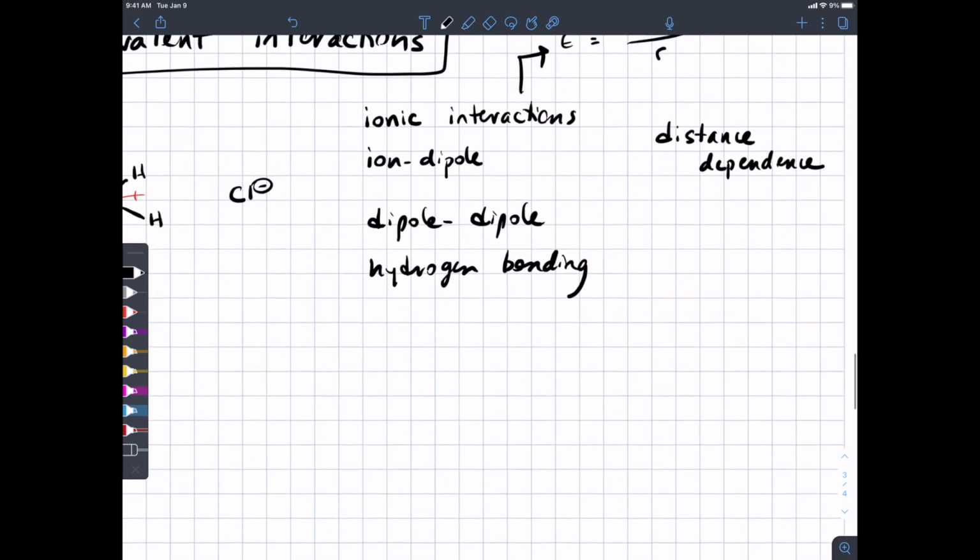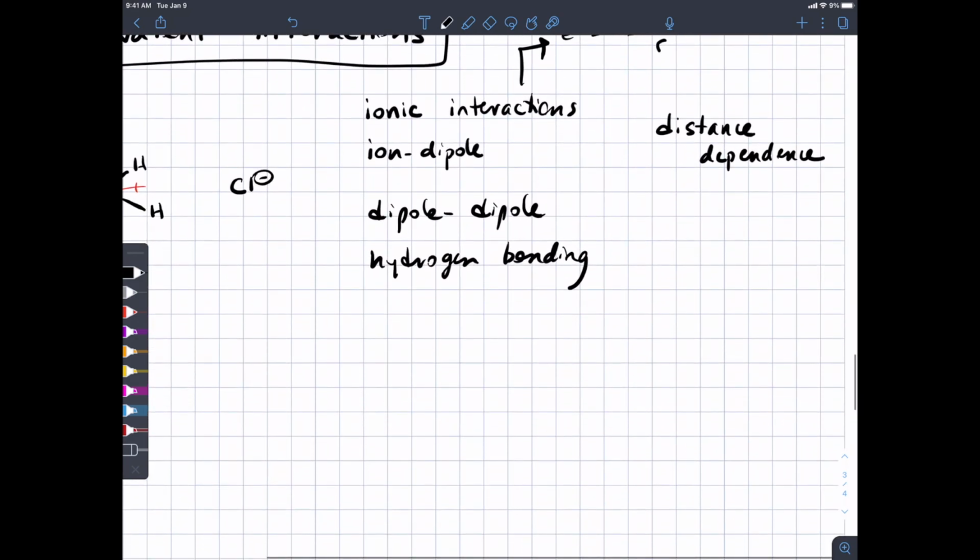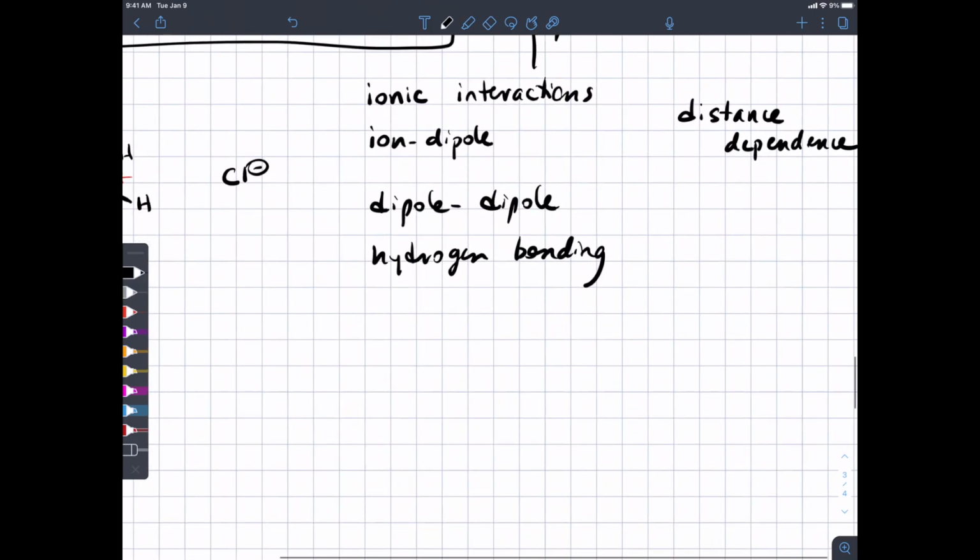Because hydrogen is small, dipoles that involve hydrogen can get closer than dipoles that do not. We'll come back to this, but there are other interactions between either charges or dipoles with induced dipoles, and then there are interactions of induced dipoles with each other. We'll talk about them because they're important for understanding the world around you.